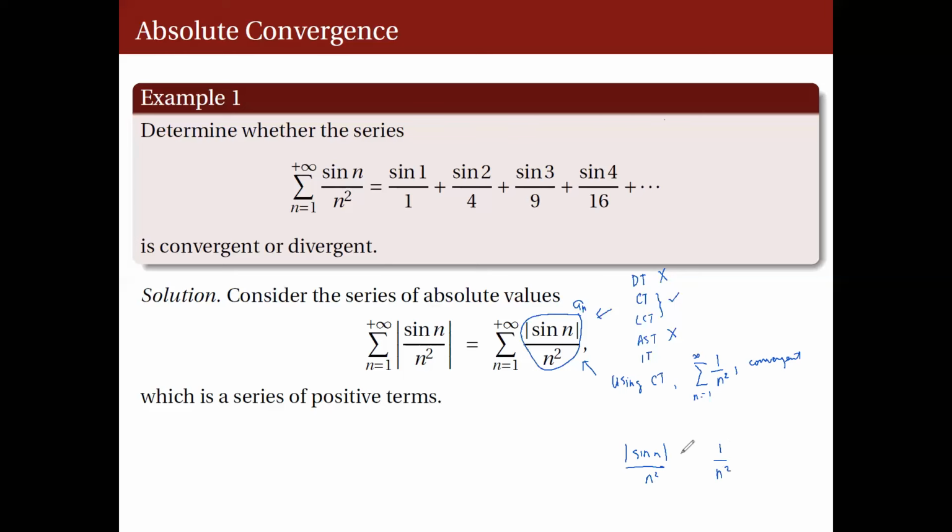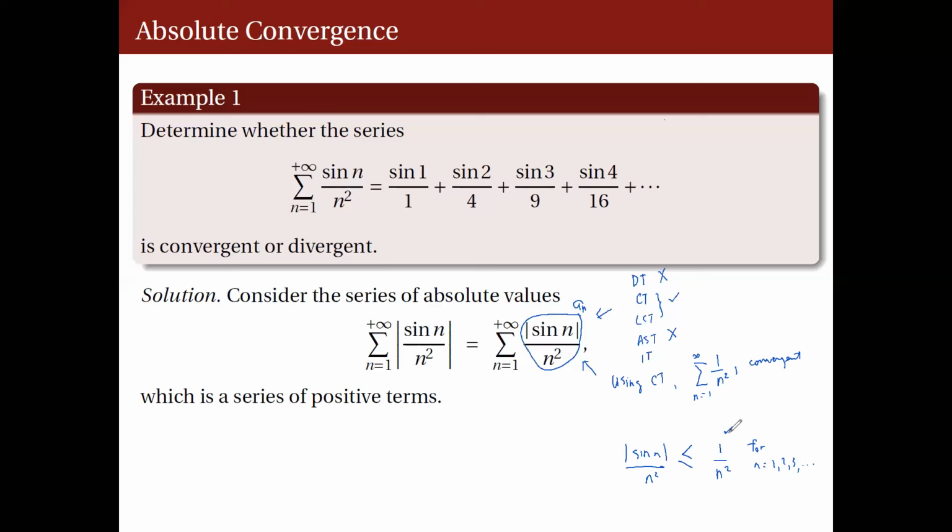So to show convergence, yung inequality na dapat nasa gitna ay dapat siya ay less than or equal to. Okay. And actually, totoo naman to, for n equals 1, 2, 3, and so on. So sin n, absolute value, ay bounded by 1, and n squared, kopya lang naman.